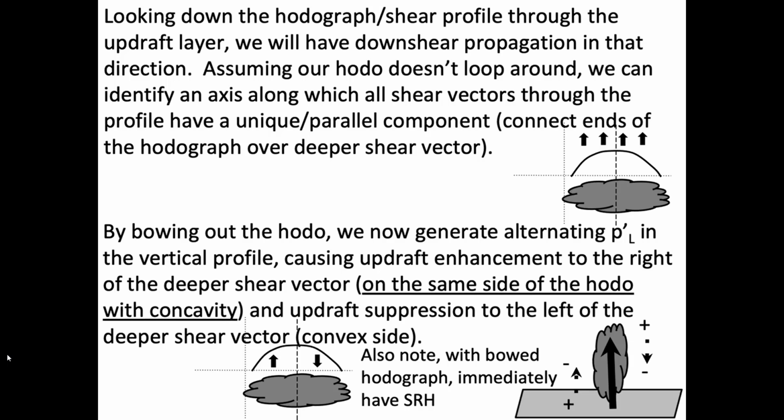So in addition to the linear enhancements that are causing the concave side of a photograph cell to be dominant, and all of the eventual dynamical considerations that result in further updraft intensification, that bowed-out photograph is also giving us some storm relativity to feed into the nonlinear effects.